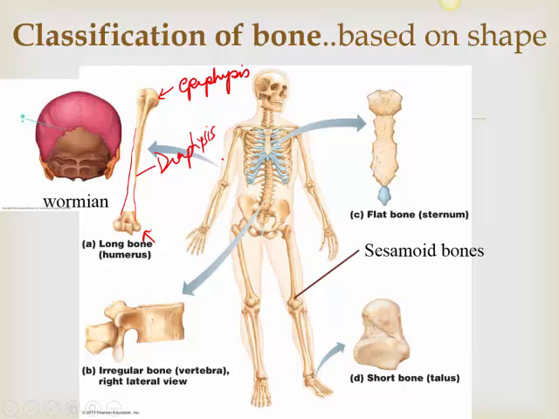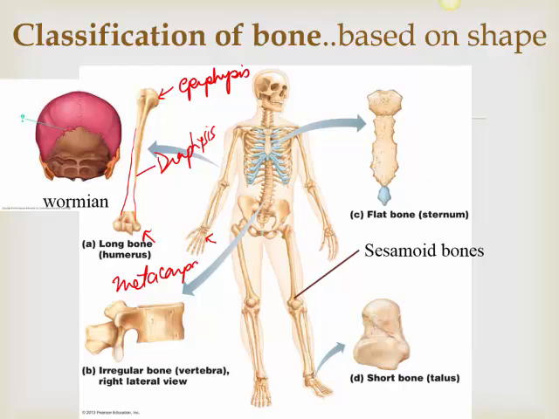Such bones are seen in the limbs. So if you look up here at the humerus, the radius, and the ulna, and then even the bones in your palm, the bones are known as metacarpals.